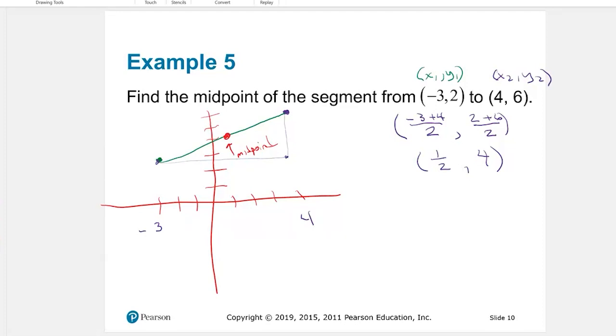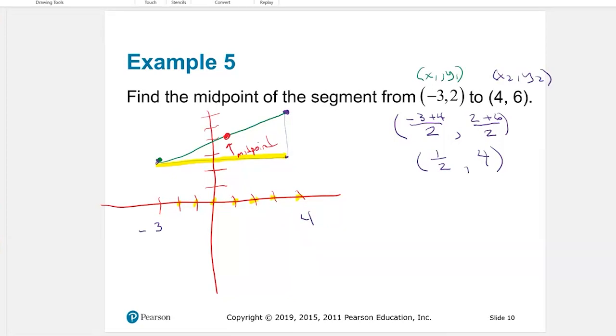Well, that kind of makes sense, because the distance between here and here is 7, which we just counted, 1, 2, 3, 4, 5, 6, 7. Or another way to find the distance between 2 points is to subtract them, right? So 4 minus -3 becomes 7.